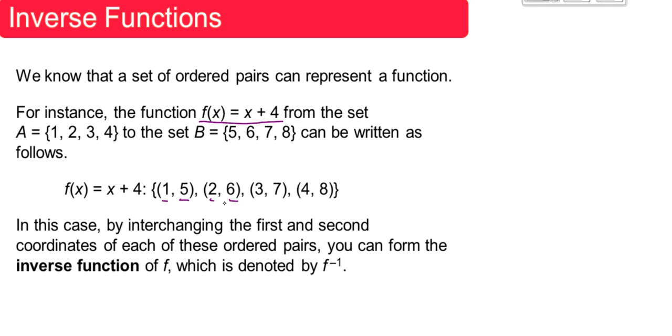If we wanted the inverse of that, we would just interchange the first and second coordinates, and that would be the inverse function. It's denoted as f to the negative 1. It is not 1 over f of x, but it is named f inverse, which is how we'll refer to it as we go.